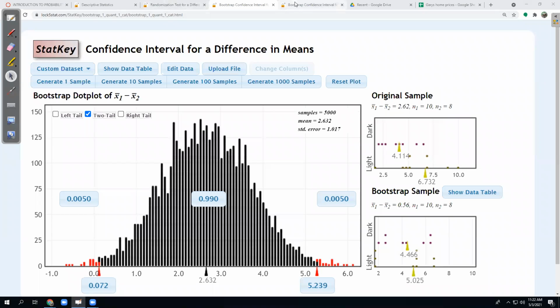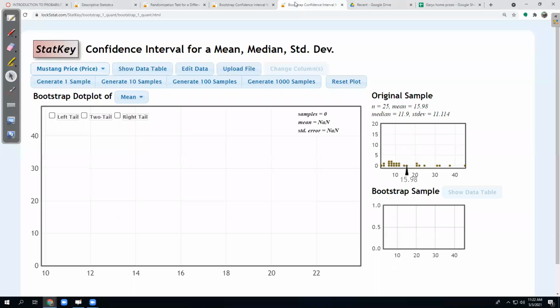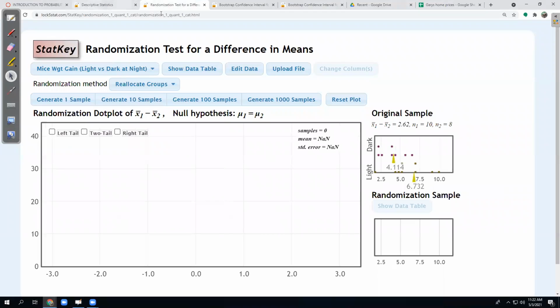And this is located in the randomization test. So I'm going to put this link in the chat. So this is the mice weight gain data.